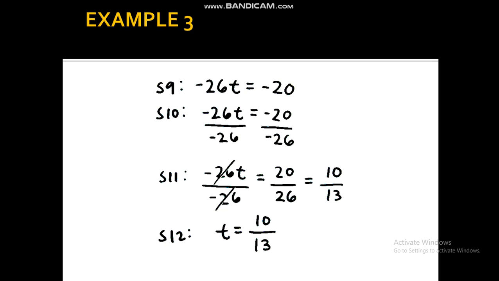And this quotient, positive 20/26, can be reduced to the lowest term, 10/13, by dividing both the numerator and the denominator by the greatest common factor, 2. That greatest common factor is for the numbers 20 and 26. Step 12, this is our final answer. t equals 10/13.